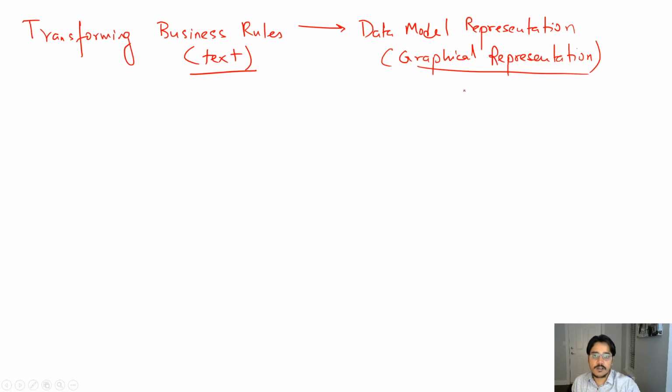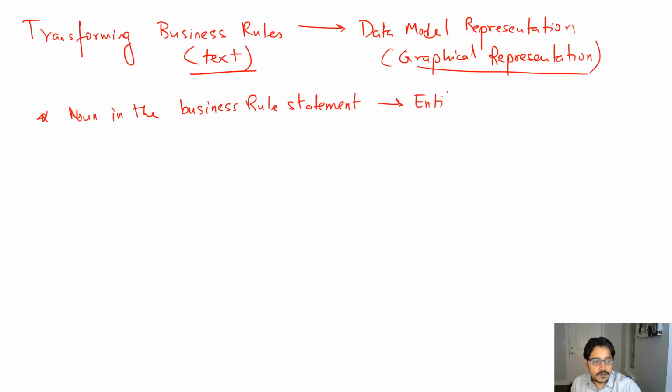Okay. So anything that is a noun in the business rule statement becomes an entity of data model.